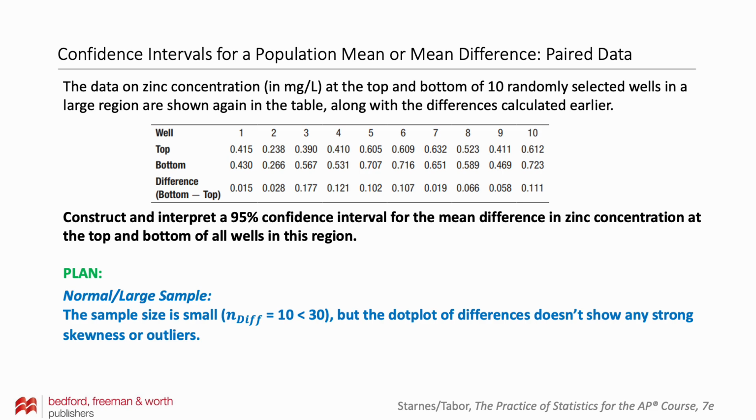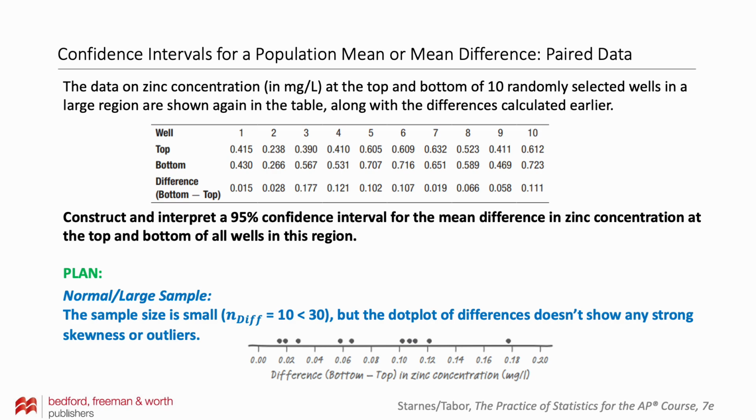The sample size is small; notice that the number of differences in the sample, 10, is less than 30. But the dot plot of the differences doesn't show any strong skewness or outliers. Notice that I'm plotting the differences; these values are what I'm plotting here, and there doesn't seem to be any strong skewness or outliers. So all three conditions are met, and we're going to move on to the do portion.